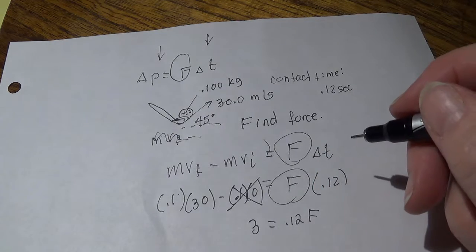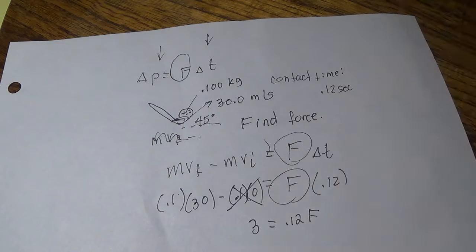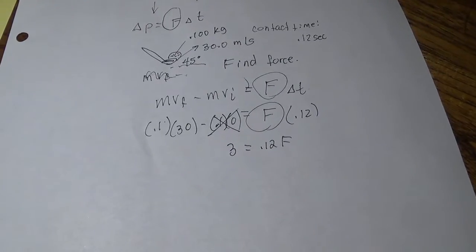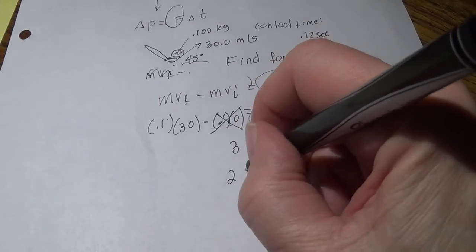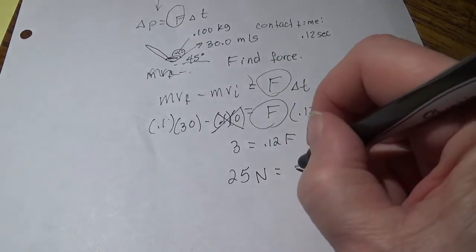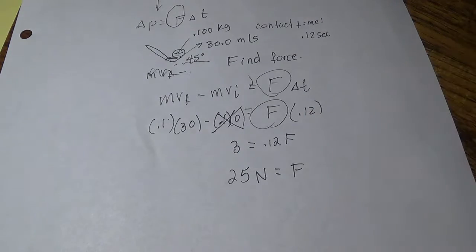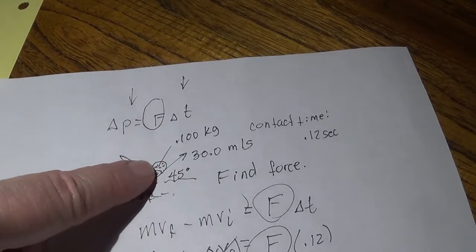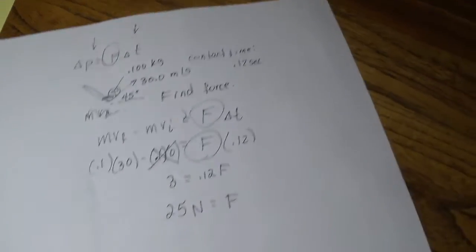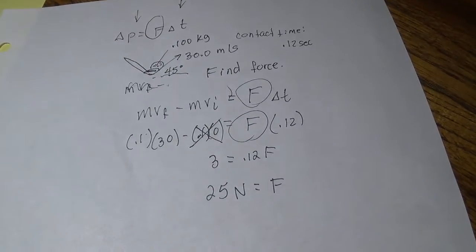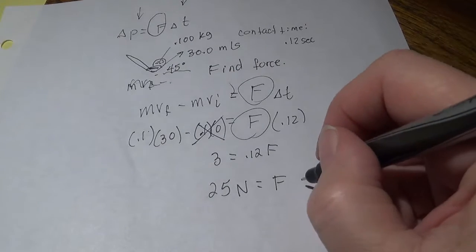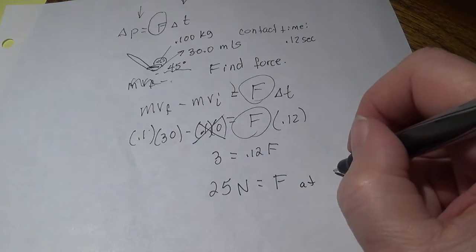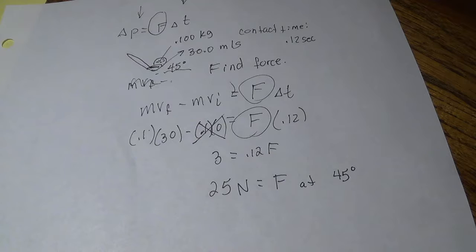Divided by 0.12, with sig figs of 2, it comes out to 25. Since it's a force, we're in newtons, and because it's a vector, it's going to have the same direction that was in the problem. The velocity vector, the force vector, is going to be at 45 degrees.